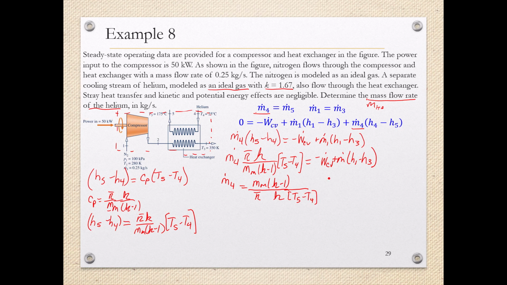And that is going to be multiplied by, all right, the values that we need. Well, molar mass I can find, R I know, k is given in the problem. The two temperatures are given right here in the problem for 5 and 4. They're 175 and 25. The work is given in the problem right here.